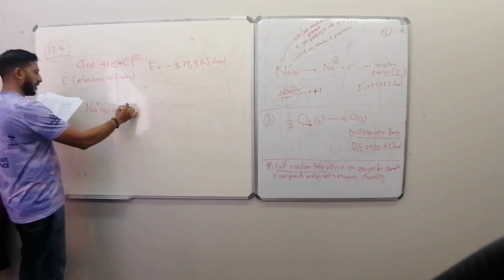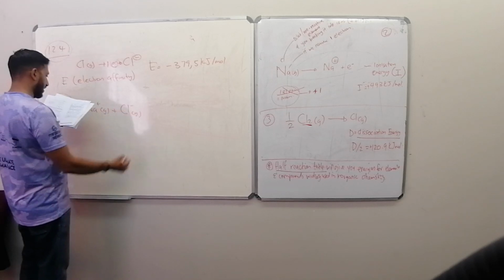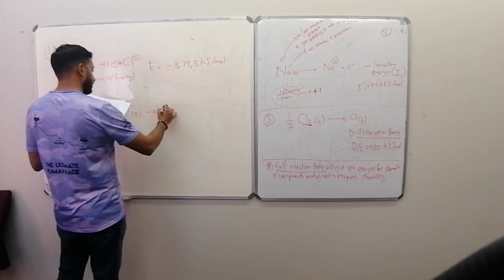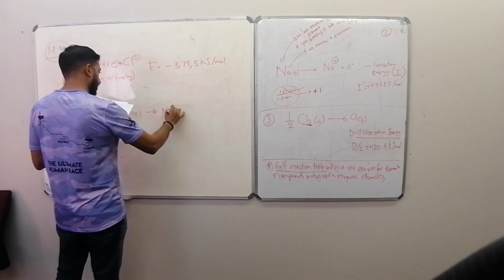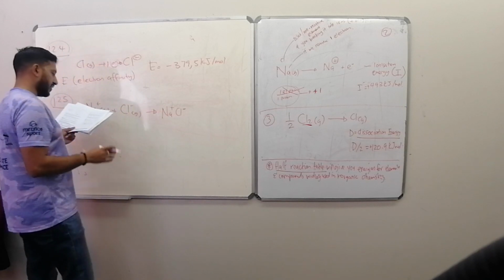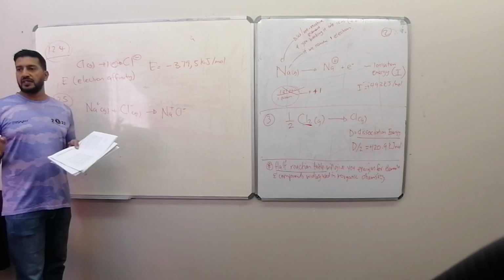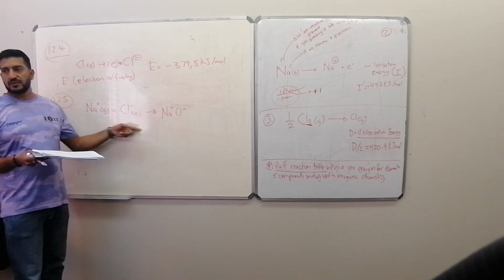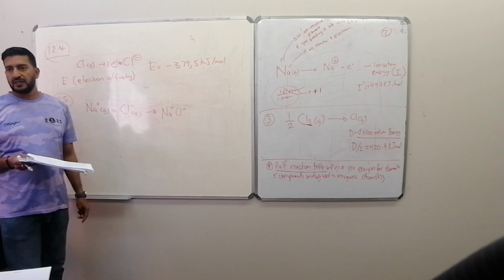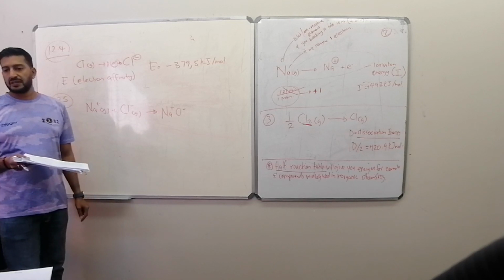We've got chlorine as a negative and as a gas, right? And when they combine, they form Na plus Cl minus. And this is the interesting thing that happens. When these two gases combine, they form a solid, which is a precipitate.